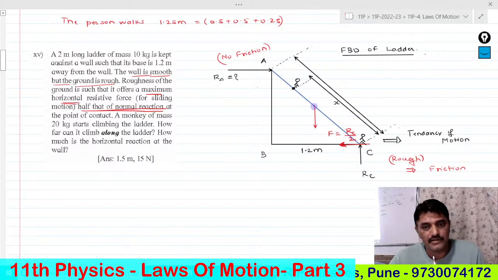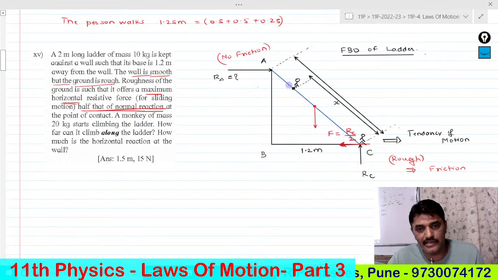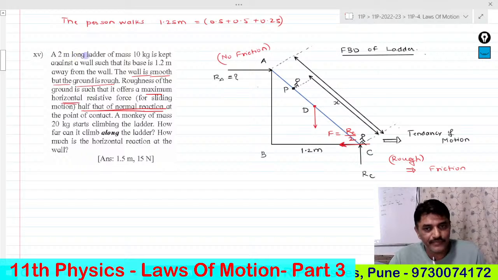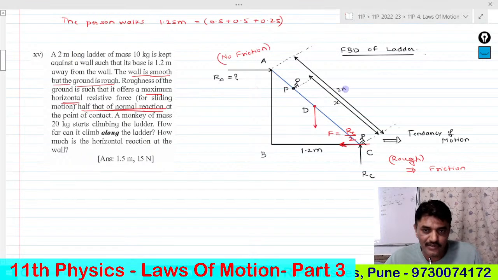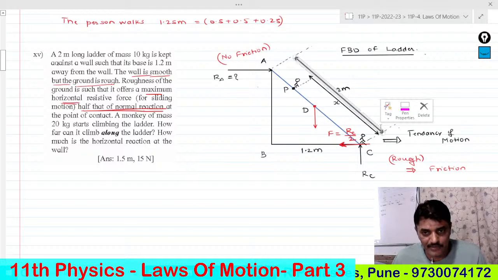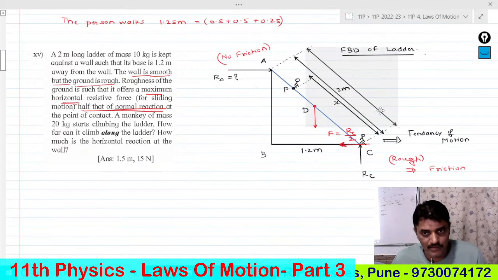Correct? The point at which the monkey reaches, I'll call this point P. This point I'll call D. It is the midpoint of this ladder. The ladder is 2 meter. If the ladder is 2 meter, I hope you can tell me what this point is.